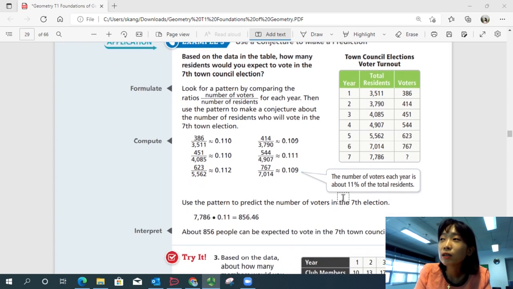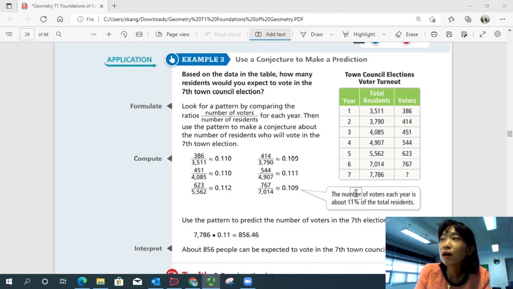So using the pattern, you can predict the number of voters in the 7th election, where you know the total residents would be 7,786. 11% of 7,786 can be computed by multiplying that by the decimal equivalent 0.11, which is 856.46. So about 856 people can be expected to vote in the 7th town council election.